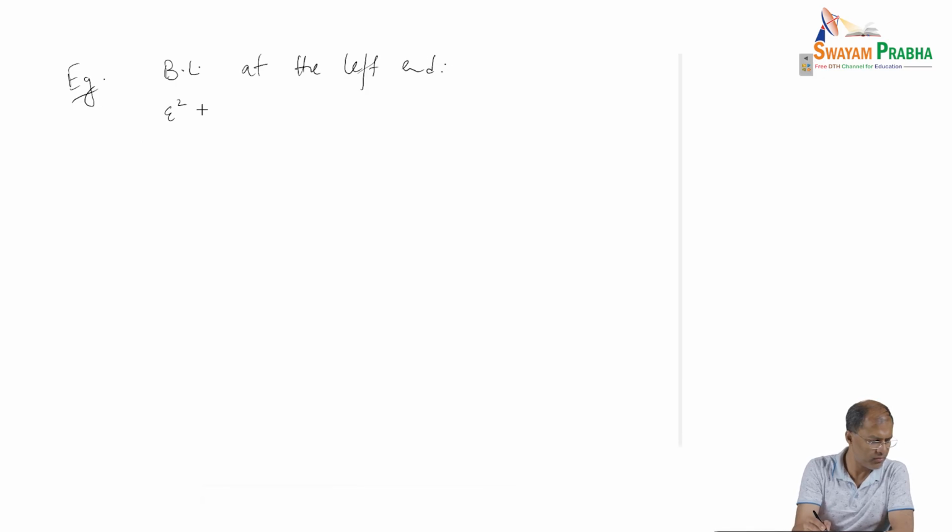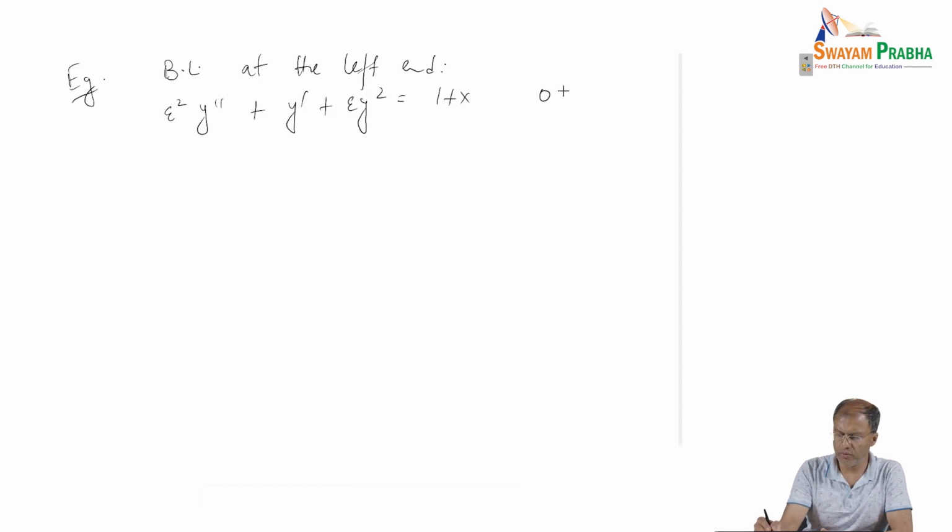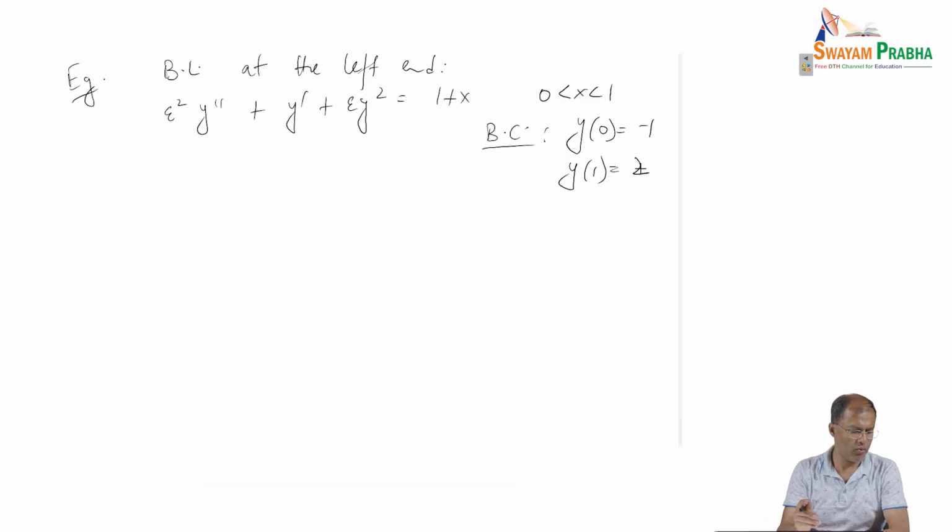We have epsilon square y double prime plus y prime plus epsilon y square is 1 plus x, where x is between 0 and 1, and the boundary conditions in this problem are y of 0 is minus 1 and y of 1 is 2.